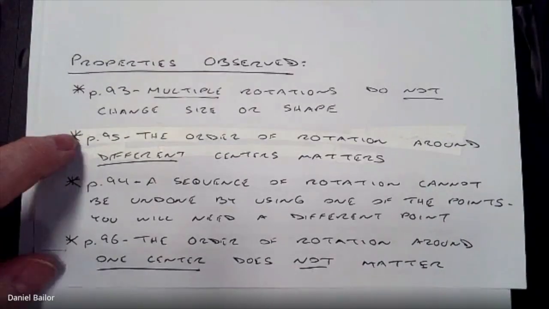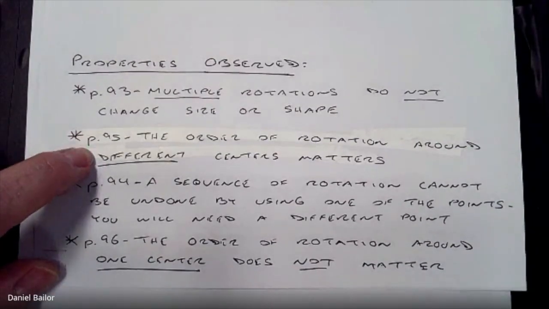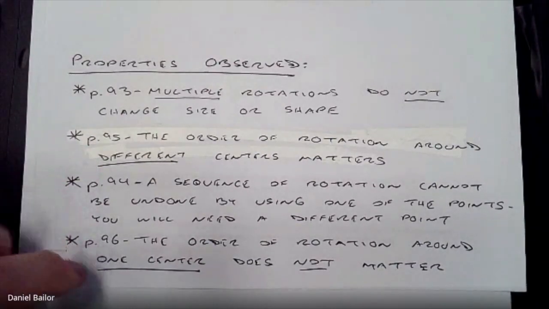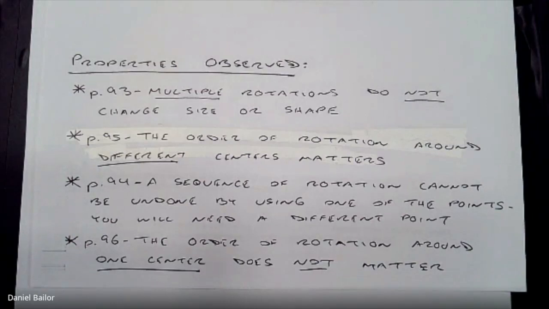On page 95, the order around different centers matters. Page 96, one center, the order does not matter. So that's another property we learned about sequences of rotations.